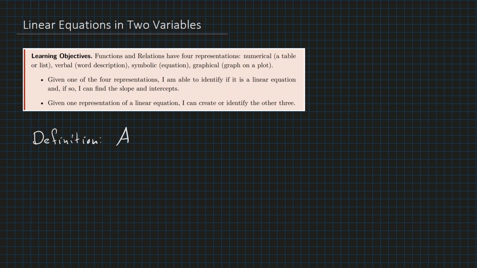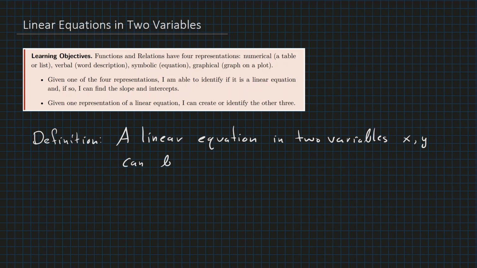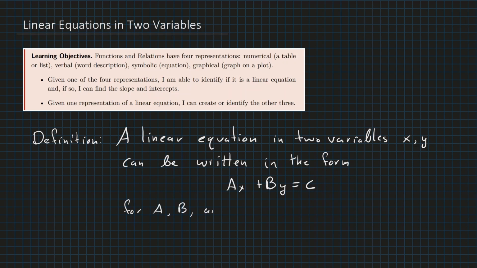A linear equation in two variables, let's say x and y, can be written in the form ax plus by is equal to c for a, b, and c real numbers.